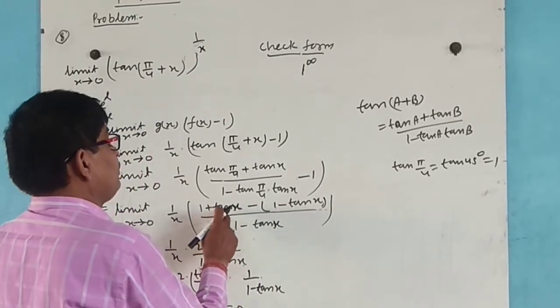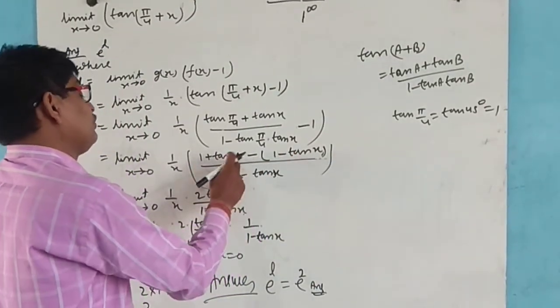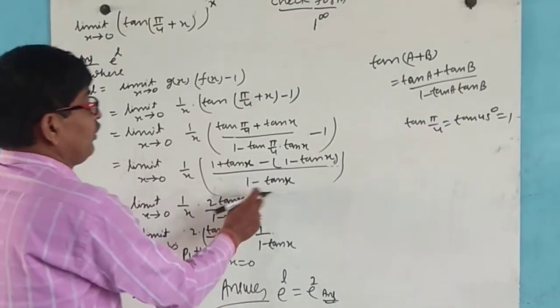Negative, this removes tan x, this is positive tan x, so 2 tan x divided by 1 minus tan x.